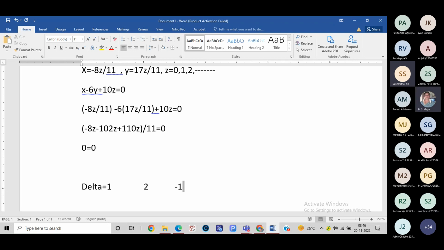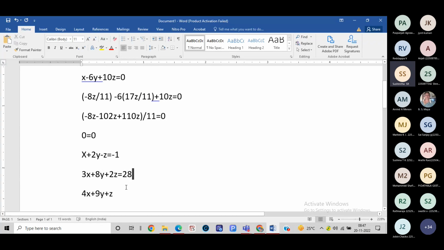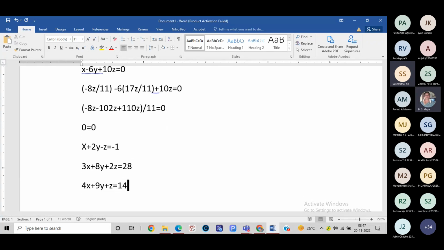Shall we write the question? x plus 2y minus z is equal to minus 1. Next, 3x plus 8y plus 2z equal to 28. 4x plus 9y plus z equals 14. Sorry, I didn't write the equal part. Yes, very good. First step is what? We have to find out delta.